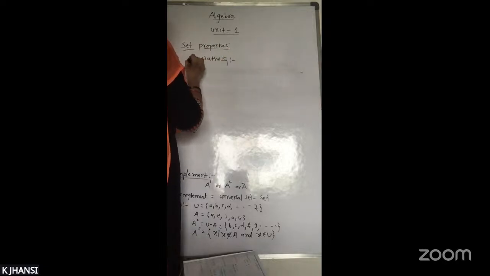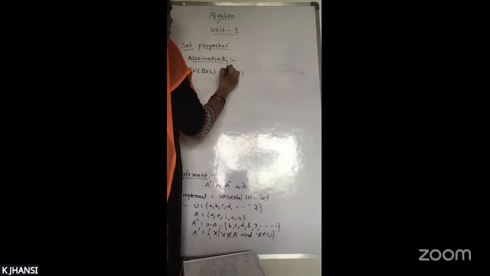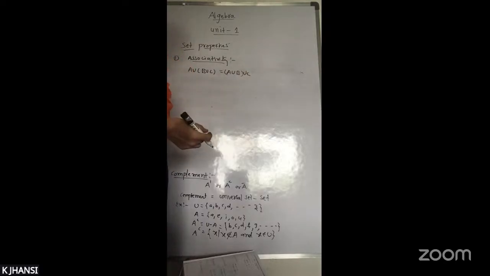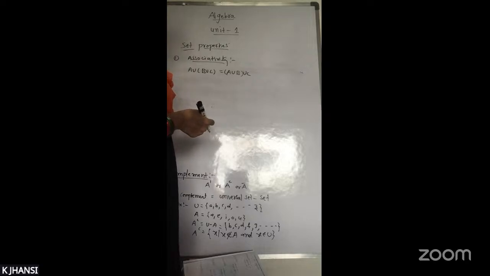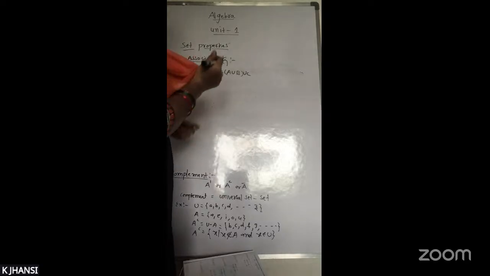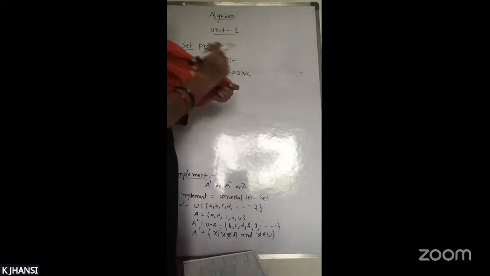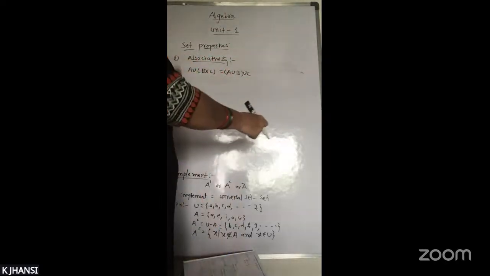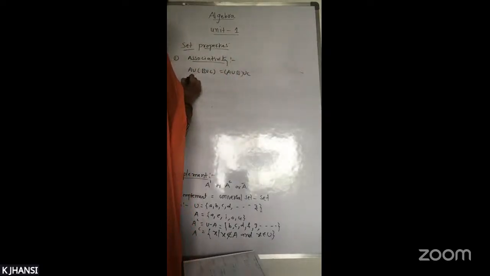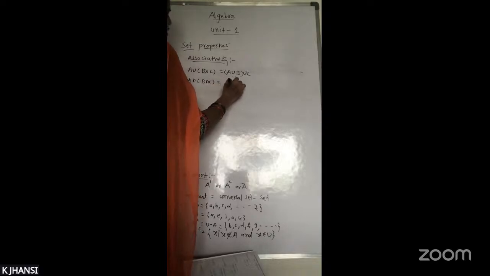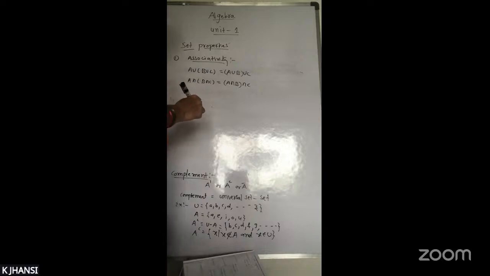A union (B union C) is equal to (A union B) union C. If A, B, C are three sets, then you can see this with the help of examples. And one more with intersection: A intersection (B intersection C) is equal to (A intersection B) intersection C. This is the associative property.